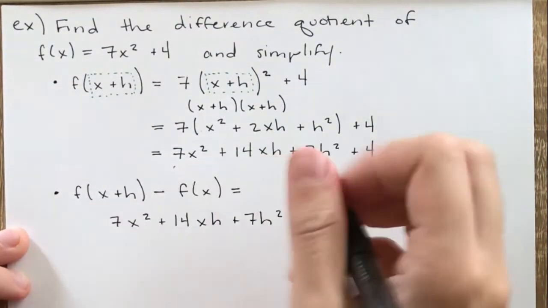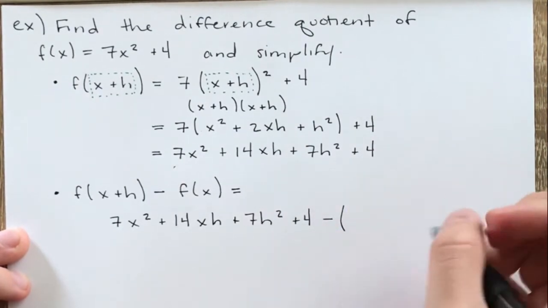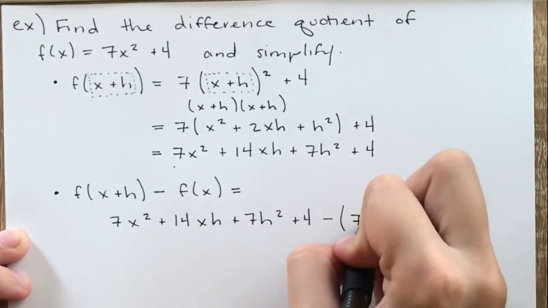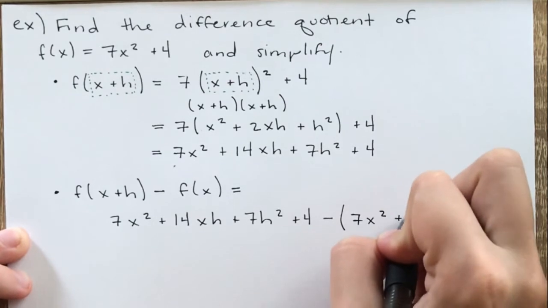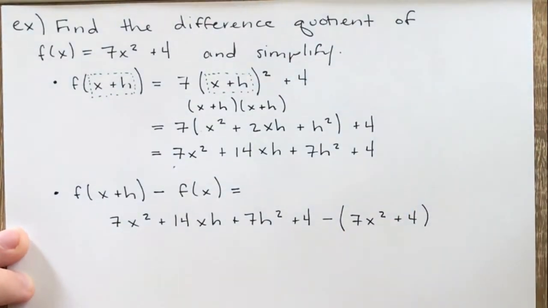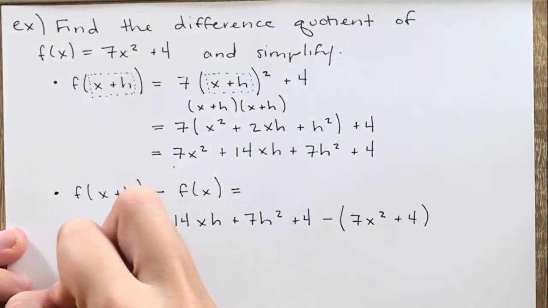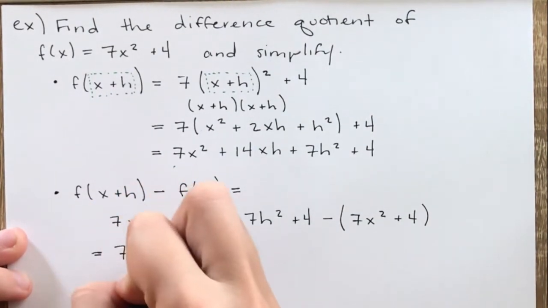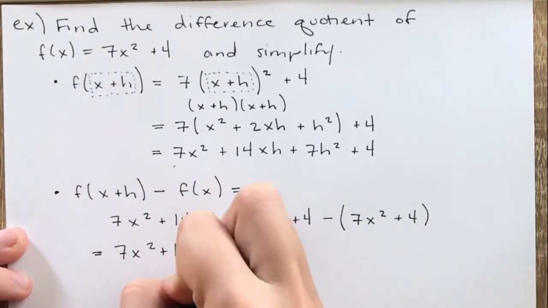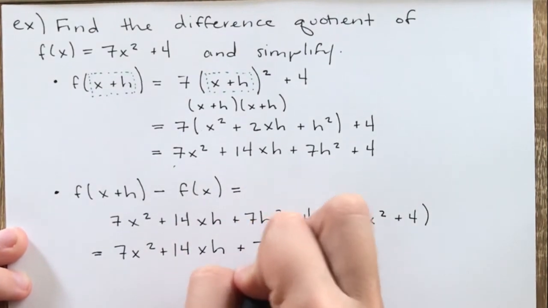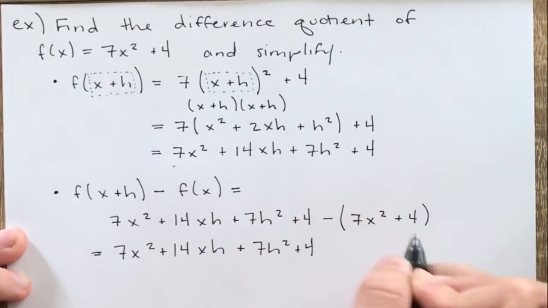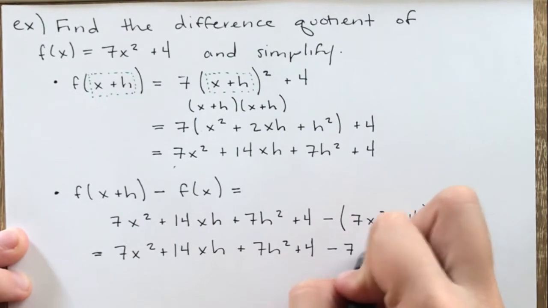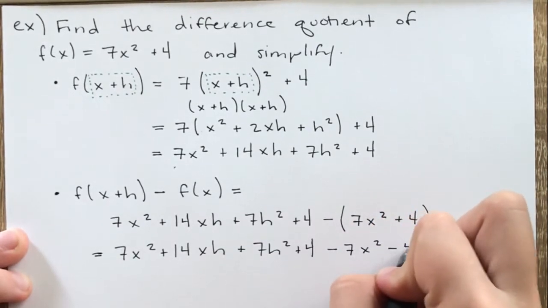And I'm subtracting f of x. f of x is 7x squared plus 4. Okay, so for some folks it helps to have this written out without the parentheses so they can see what's happening with the signs. So minus 7x squared minus 4.